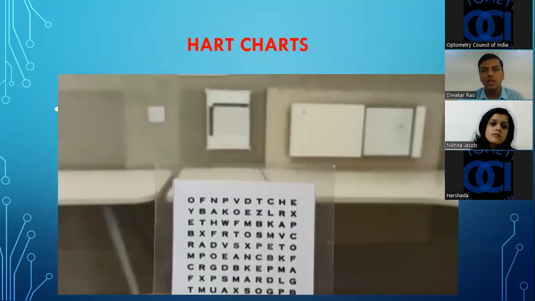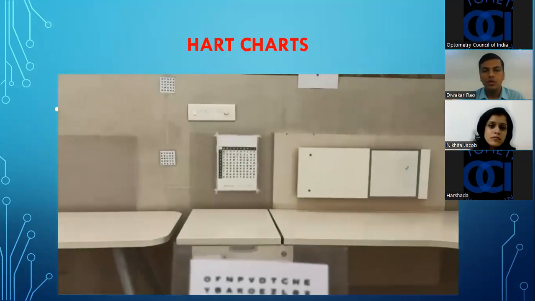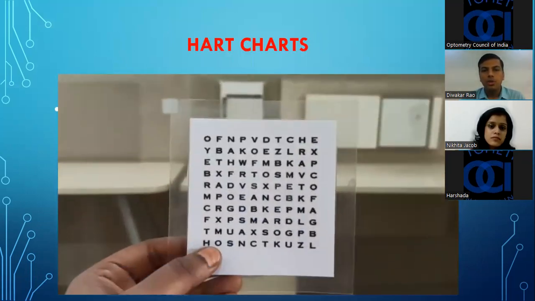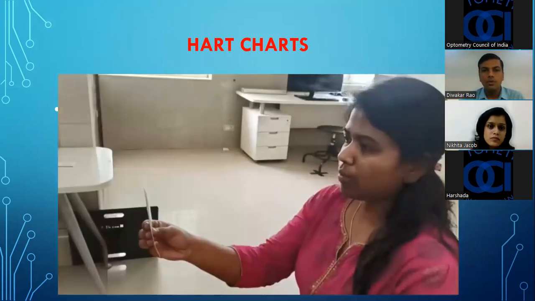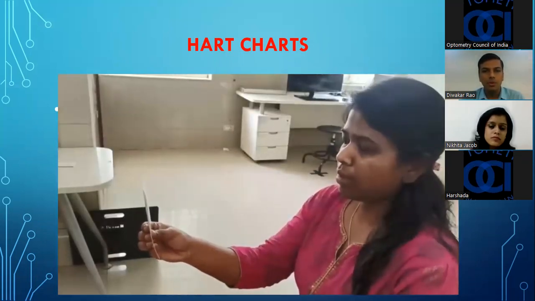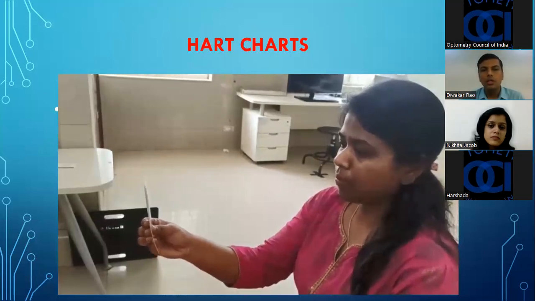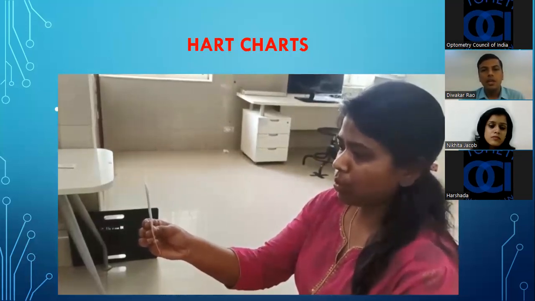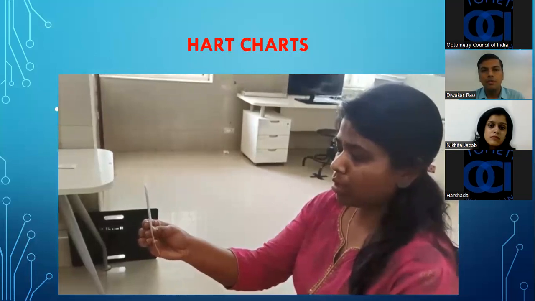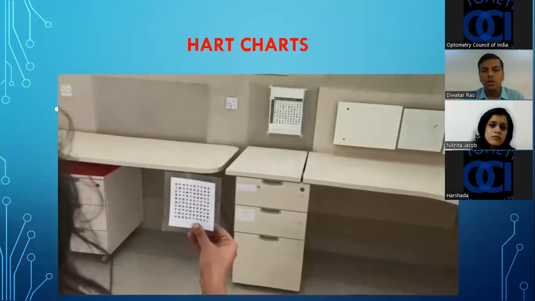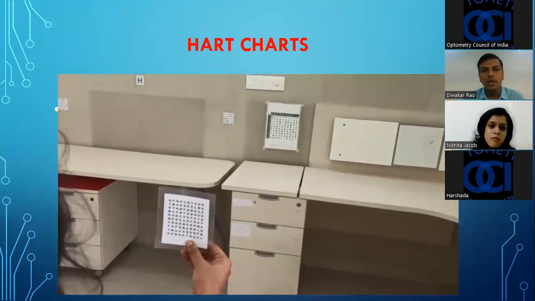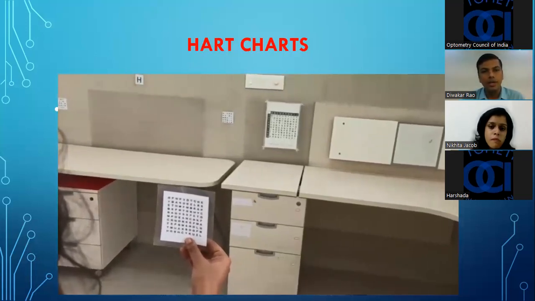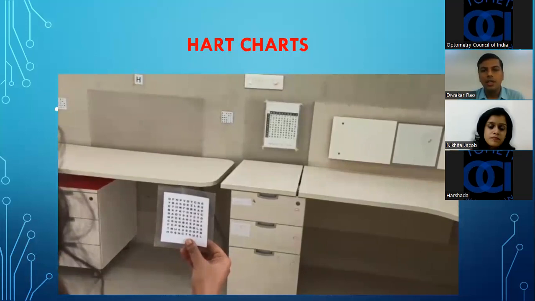This is a near chart, and that's a far chart which is fixed on the wall. The patient looks at the near chart and stimulates the accommodation, then looks at the far chart and relaxes the accommodation. The patient is holding a chart at an arm's length, reading letter by letter, or you can ask them to read one horizontal line for near and the second horizontal line for far, then a vertical line for near and a vertical line for far.